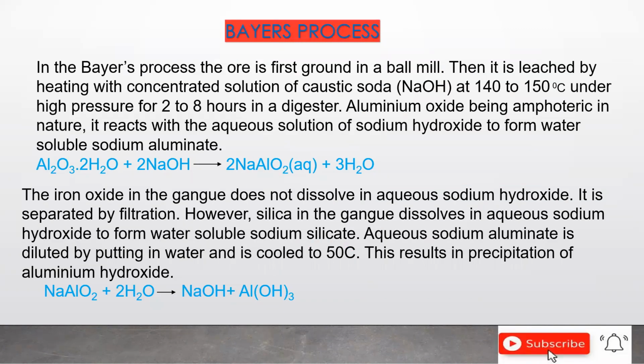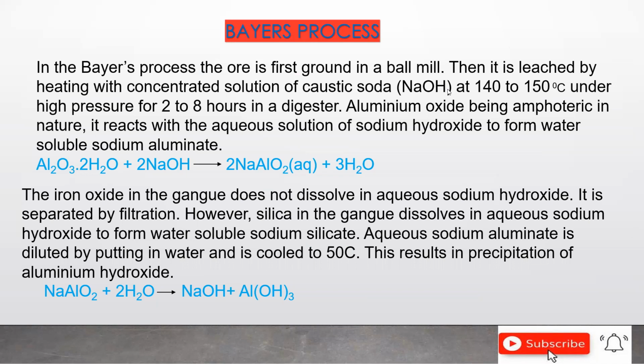First method is Bayer's process. In Bayer's process, first we have to grind the ore in a ball mill. That means we have to powder the ore and then it is leached by heating with concentrated solution of caustic soda. Caustic soda means sodium hydroxide.